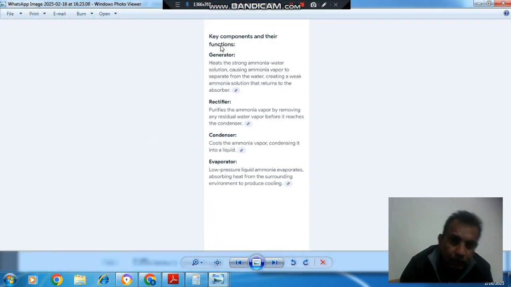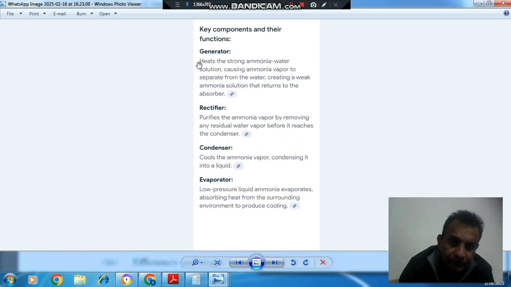So the key components of this system and their functions are: first is the generator, which supplies heat. The generator heats the strong ammonia solution, causing ammonia vapor to separate from the water, creating a weak ammonia solution that returns to the absorber.